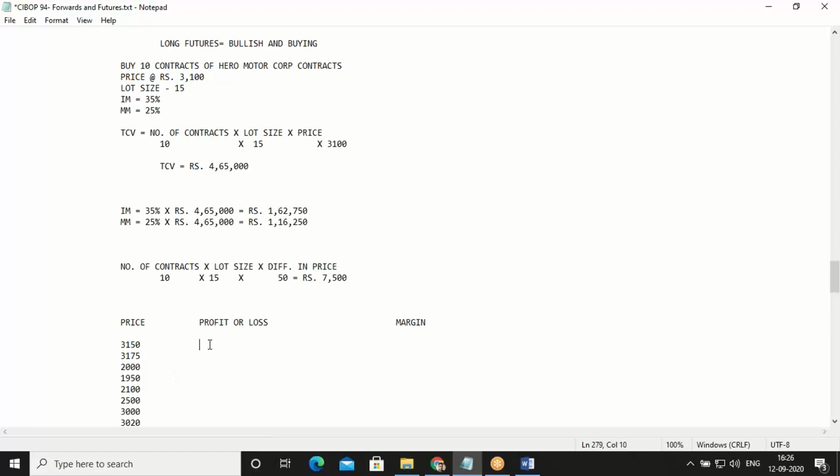So at the end of day one, you make a profit of 7,500. Now, what happens to your margin account? Does it still stay at 1,62,000 or does it decrease or does it increase? Up by 7,500. Exactly. So it goes up by 7,500.